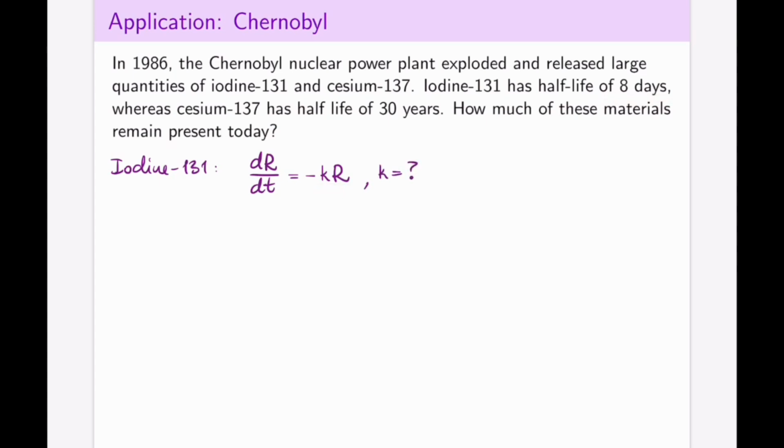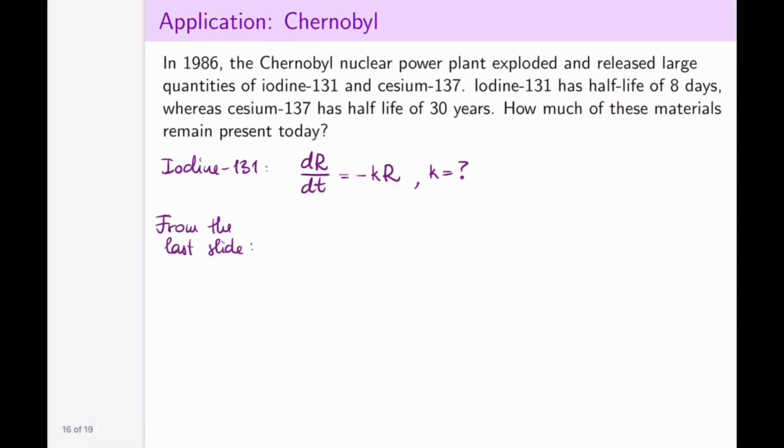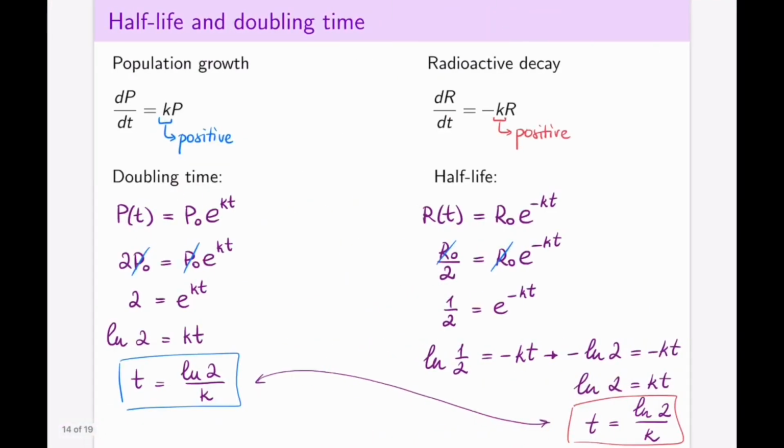So this will be my first order of business, finding k. I can set up the equation from scratch again, but what I'm going to do is actually use what we have derived on the last slide. From the last slide, what we found out is that if I set up the equation this way, explicitly including the minus here, then t, the half-life, is equal to ln 2 divided by k.